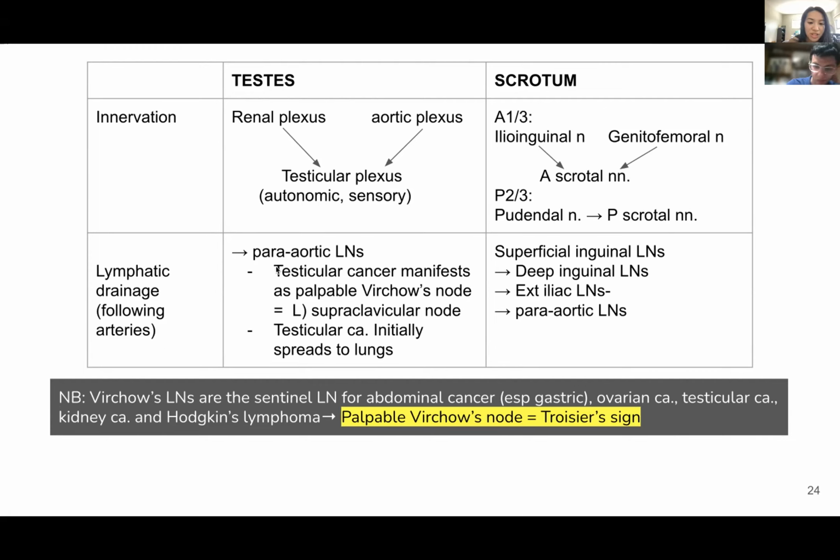Okay, lymphatic drainage is more important to know, because they want you to know that testicular cancer can manifest as a palpable Virchow's node.